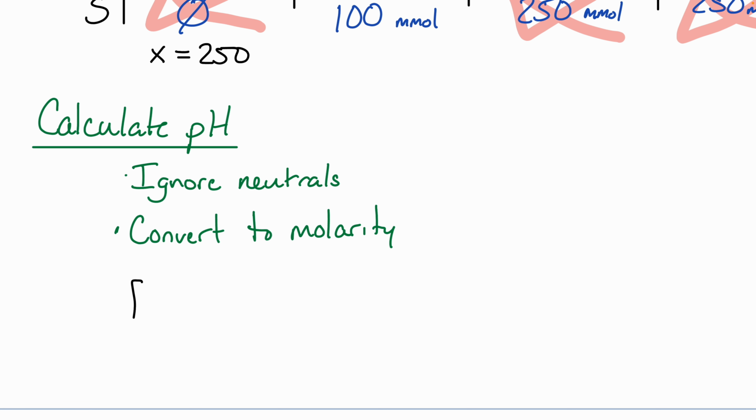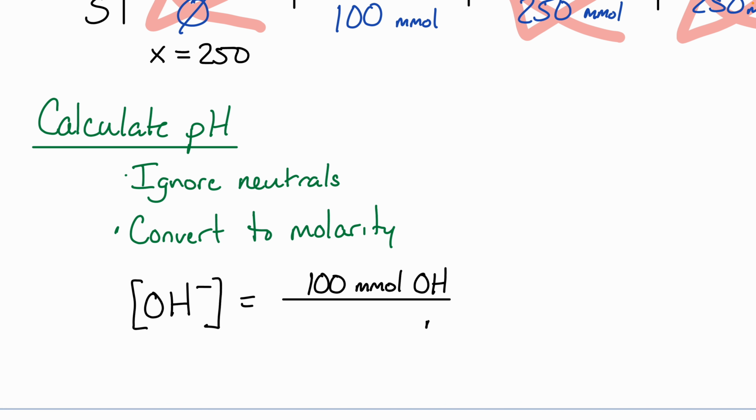So I want the concentration of hydroxide. That 100 millimoles divided by my total volume in milliliters.